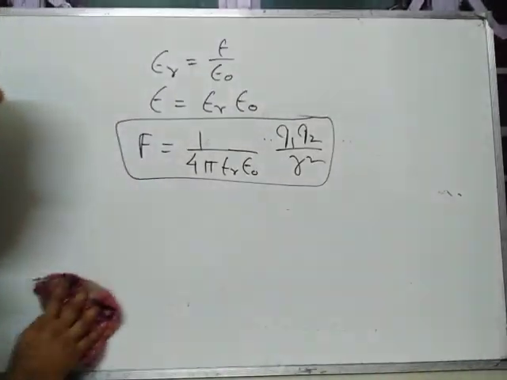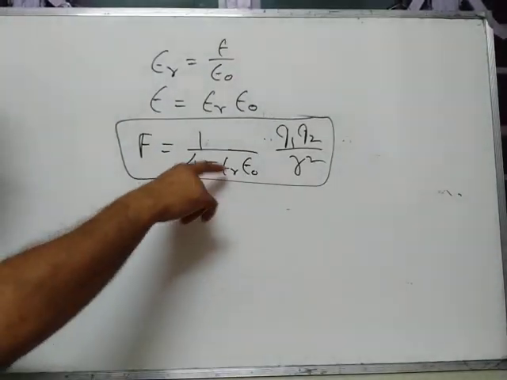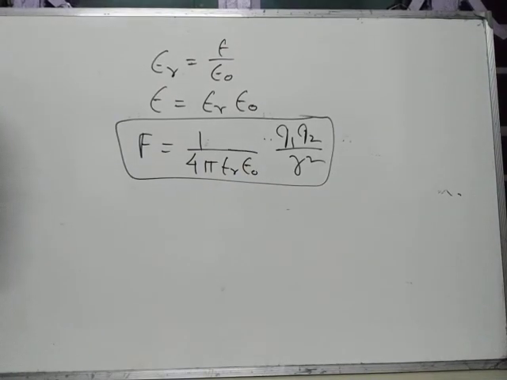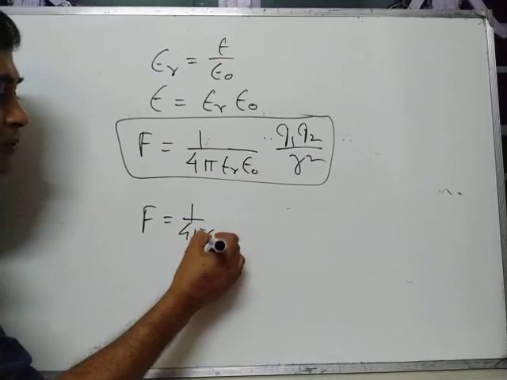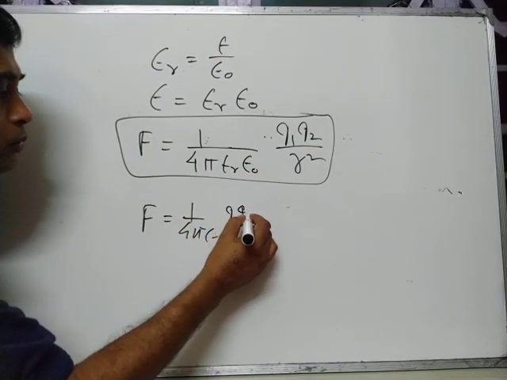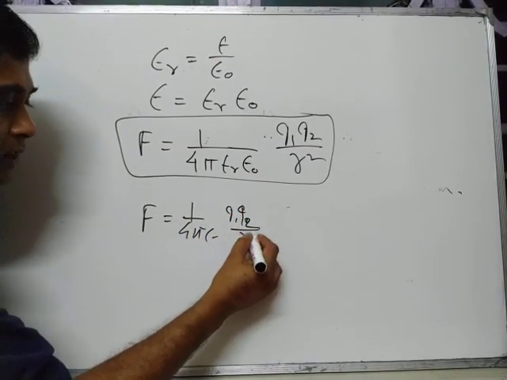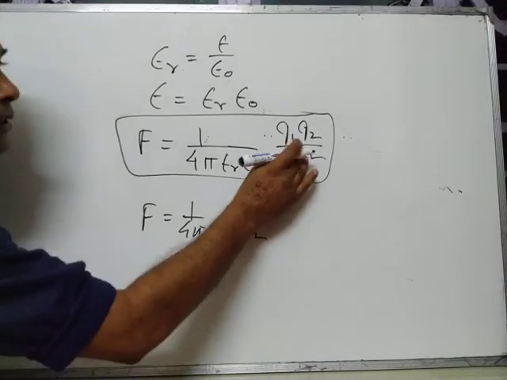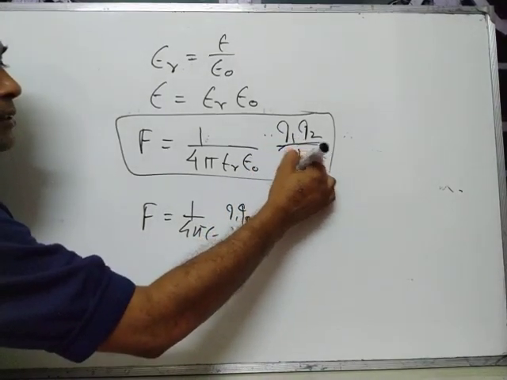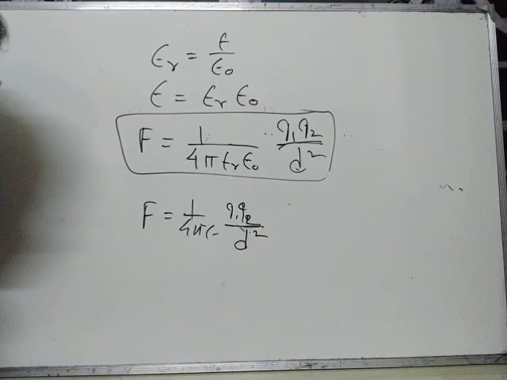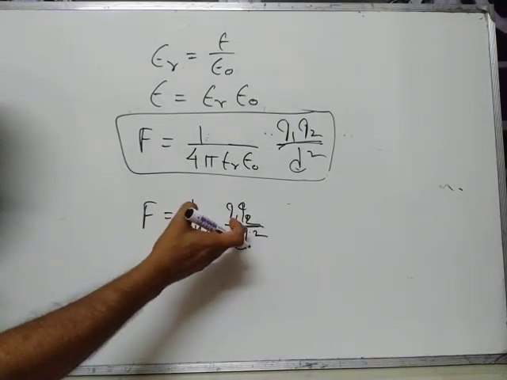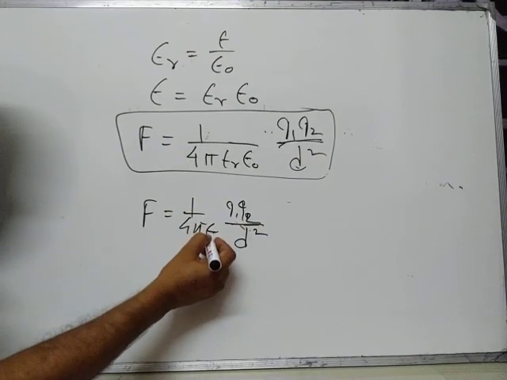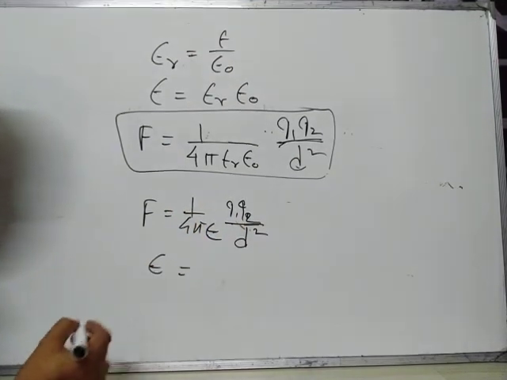Now what would be the unit of epsilon? F equals 1 by 4 pi epsilon q1 q2 by d square. Sorry, d square. And what is the value of epsilon?